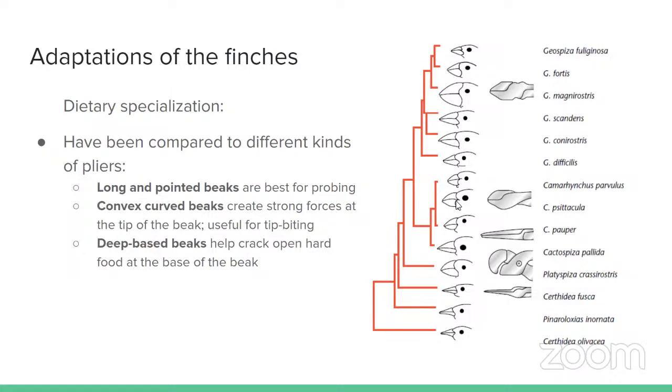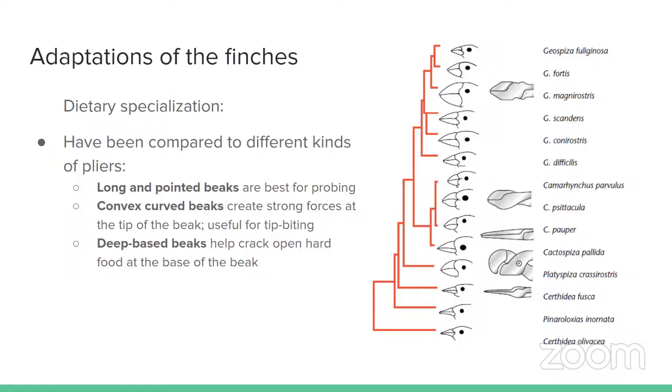Versus if we have a convex curved beak, what we're going to end up doing is putting a lot of pressure right at the tip. So that curve is basically curving our forces and focusing them downward right on the point. And this is going to create forces that are really good at like pinching off little bits of something, right? So think about biting something with your two front teeth, right? Like little nips at the edge of something.